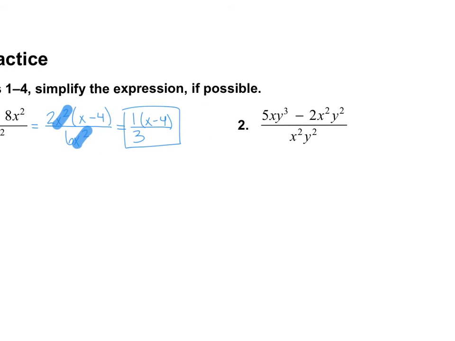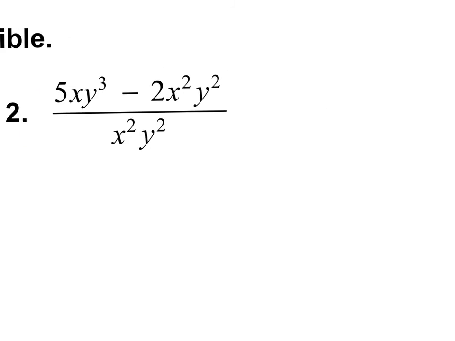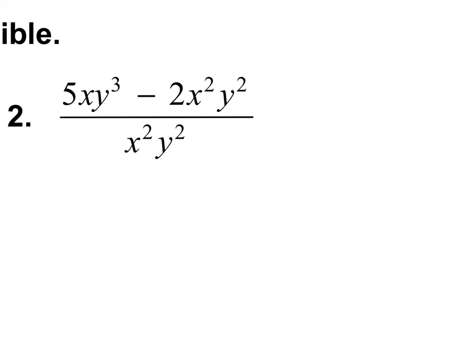So number 2 is the same thing. You would take out a GCF. There's no number that goes into 5 and 2, so I would have to take out x's or y's. The most x's I can take out is 1, the most y's I can take out is 2 of them. So when I take out an x and 2 y's, I'm left with 5y minus 2x.